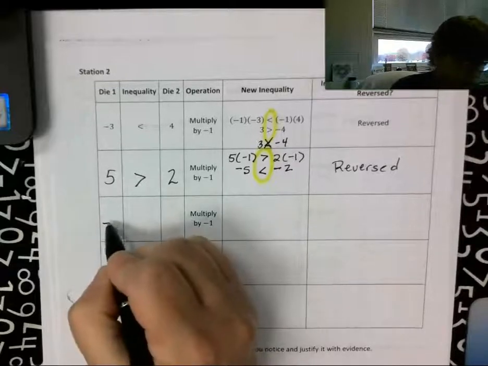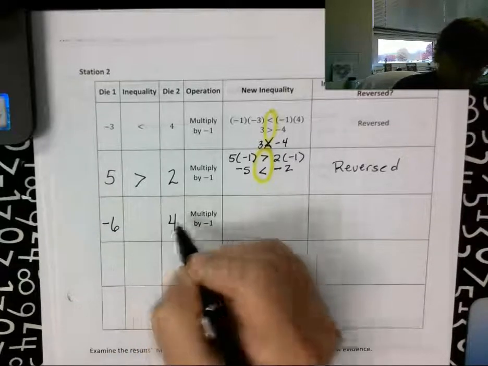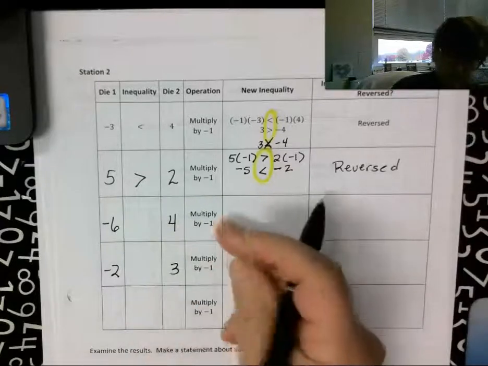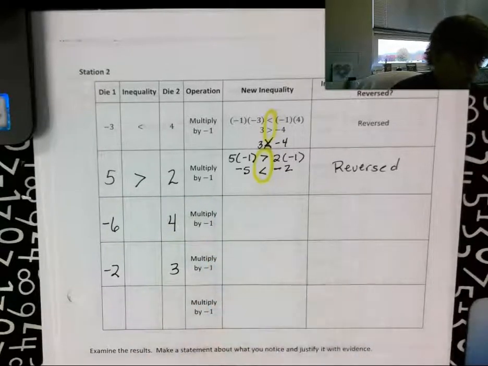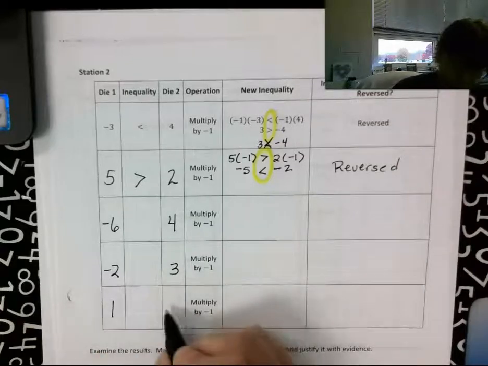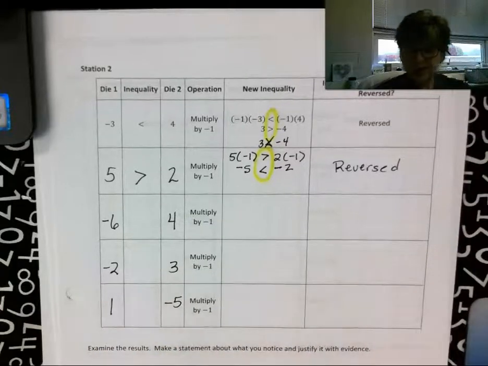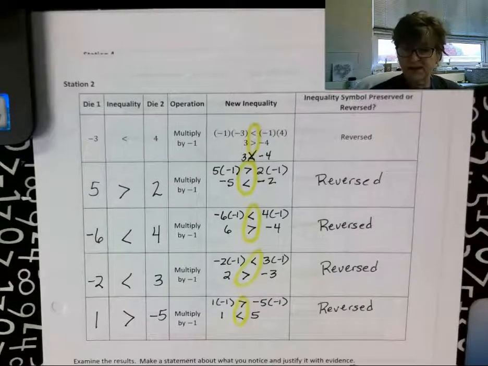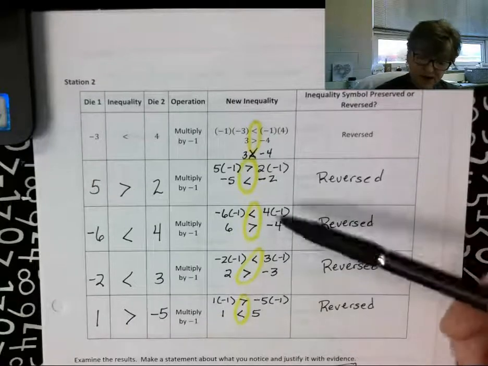So I've got a few more for you to try, just like we did previously. Again, doing the operation of multiplying by a -1. So if you'll pause the video and come back in just a second, we'll be ready to continue. Okay, let's take a look. Did you see a pattern here?